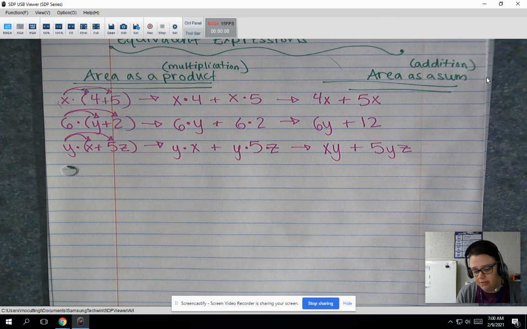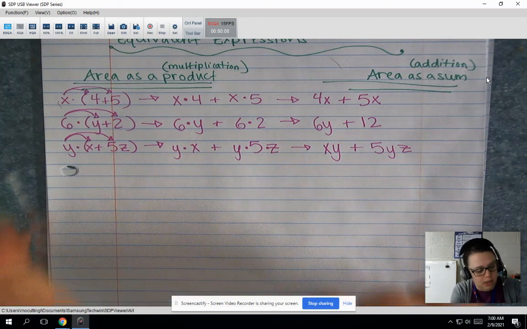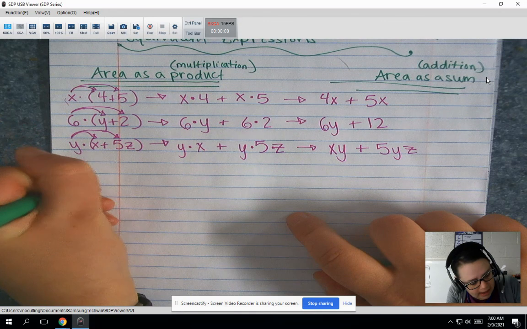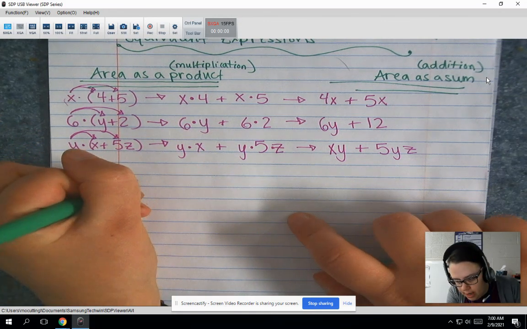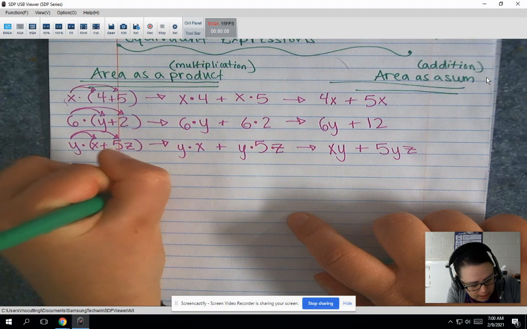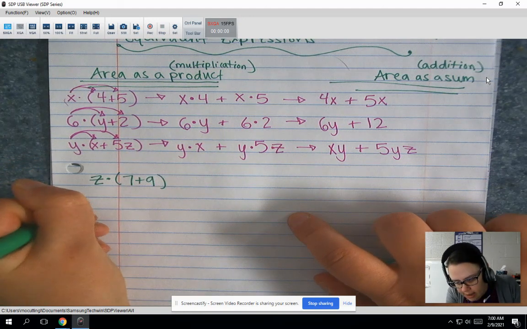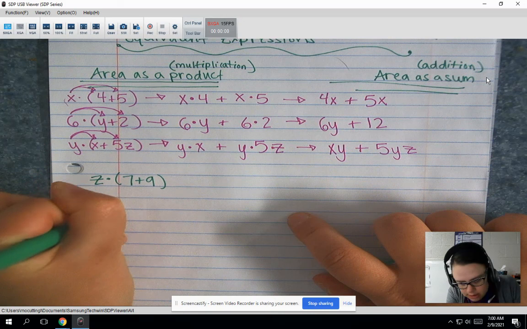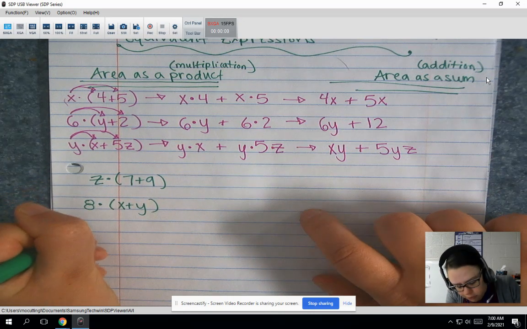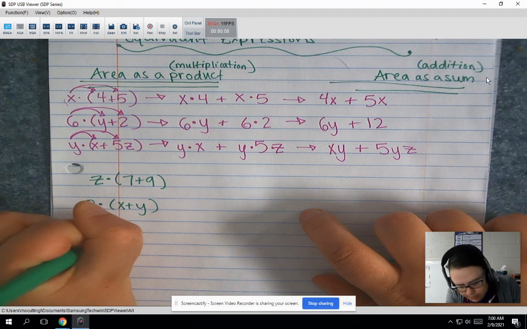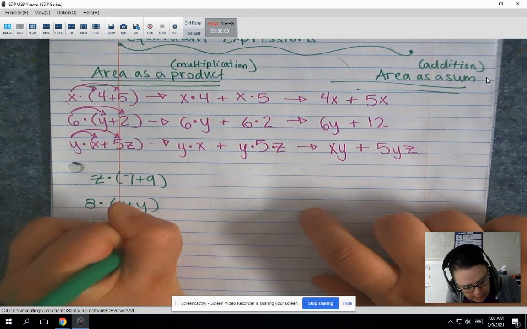Okay, so I'm going to give you 3 that I'm going to have you pause and try, and then you'll come back on my video and check them with me. So I have z times 7 plus 9. I have 8 times x plus y, and 4 times 2y plus x.